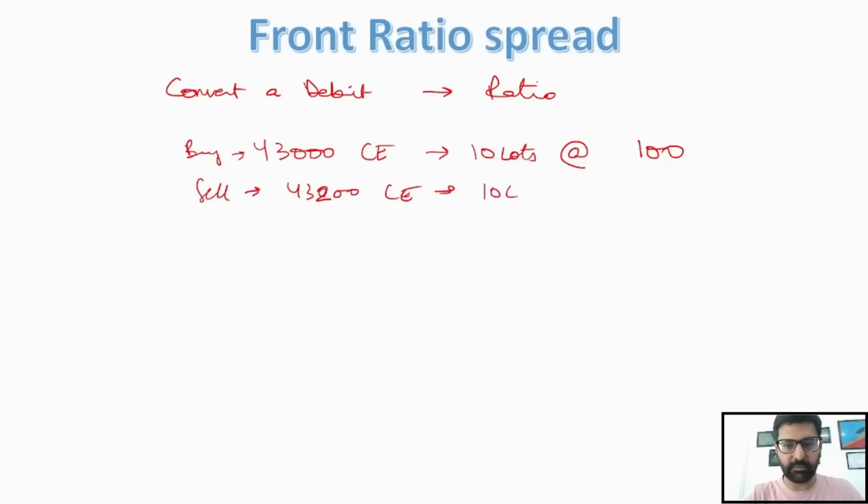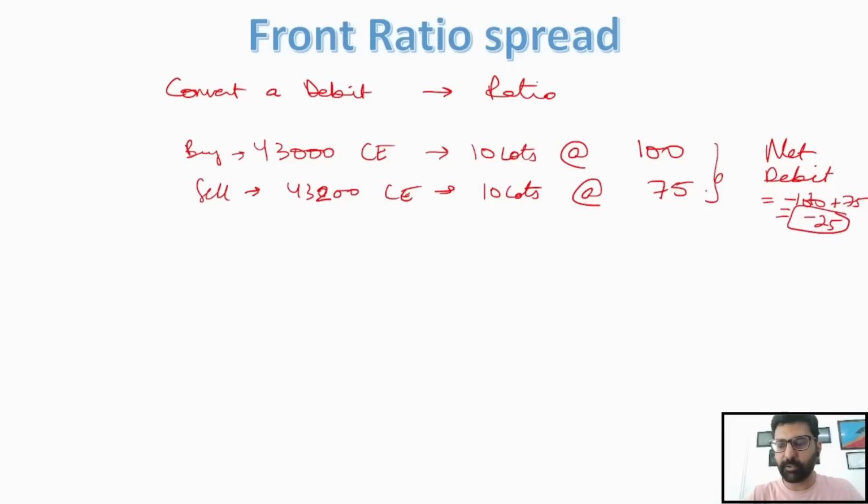Again, the lots would be the same since this is a debit spread, at, let's say, 75. So what is the net debit here? We are buying this, minus 100, and we're selling this, so plus 75. This comes out to minus 25. So we are having a debit of 25 points.